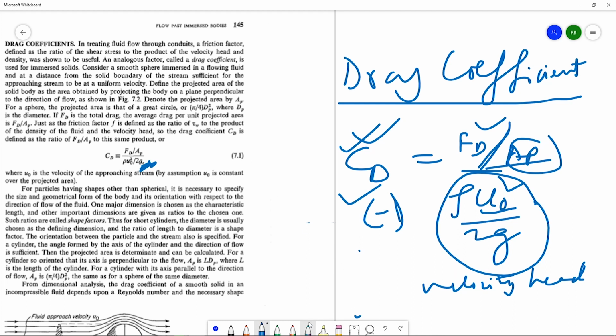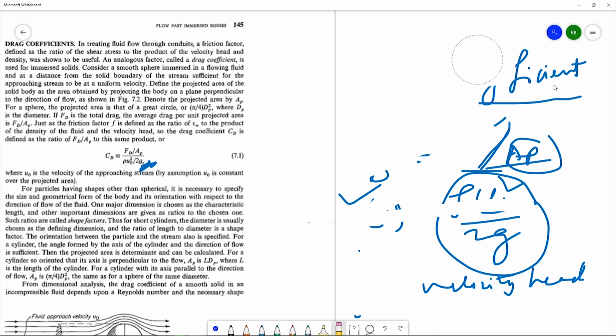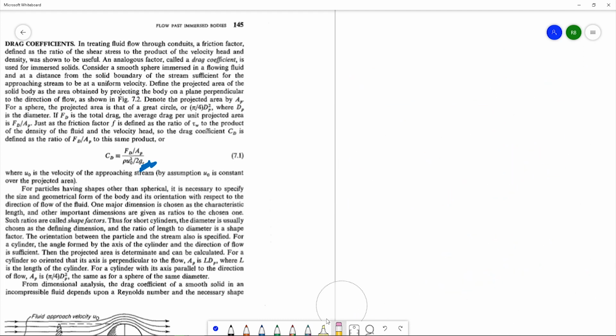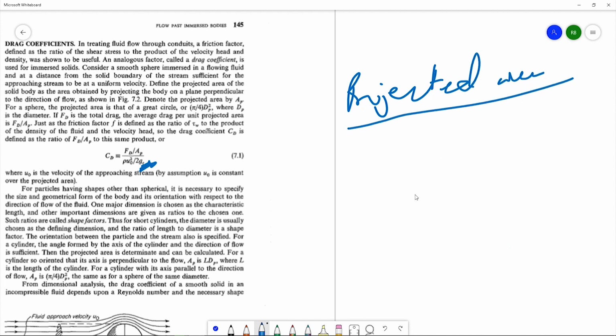Let me clear you on the projected area. So what is projected area? Suppose you have a ball. If you put a torch here, then what will be the shadow?